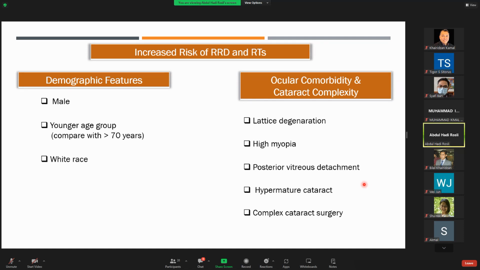Then from this study, interestingly, they found that other risks such as pseudoexfoliation and floppy iris syndrome did not seem to increase the risk of RRD. They postulated that this may be attributed to improved knowledge as well as tools for addressing surgical complexity.